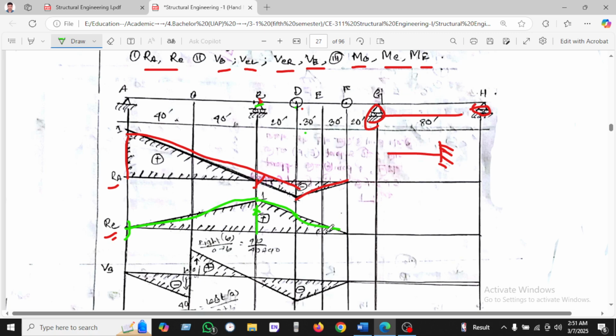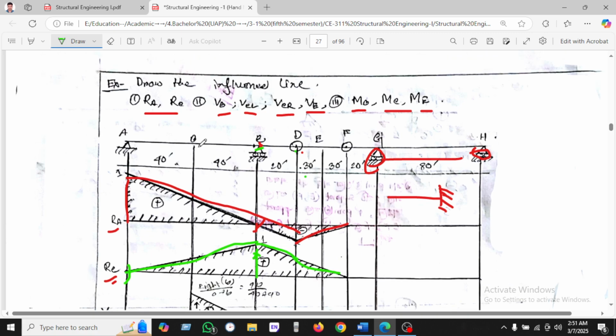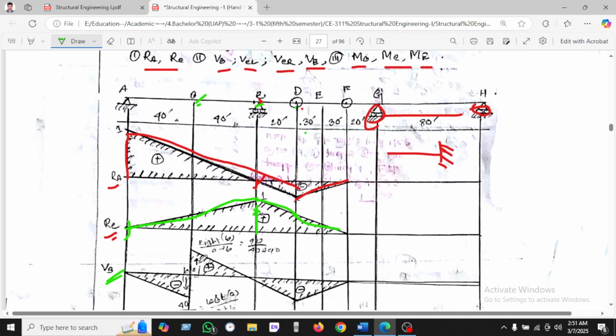Okay, we've been seeing here another shear at B, so this is the point of C. I will calculate, using the ruler support.